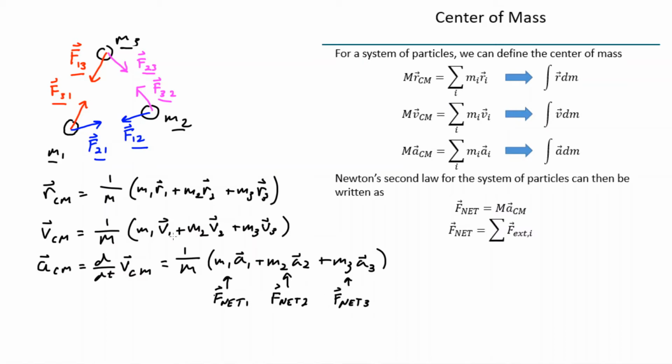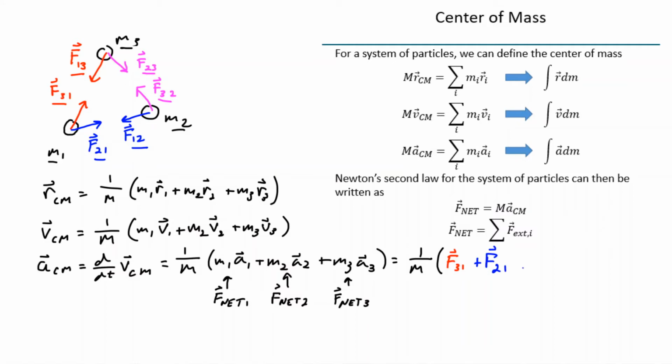Okay. So this is just equal to 1 over the mass of the system times F net 1, which for m1 is going to be, well, the sum of the 2 forces acting on m1. So it is F31 plus F21.